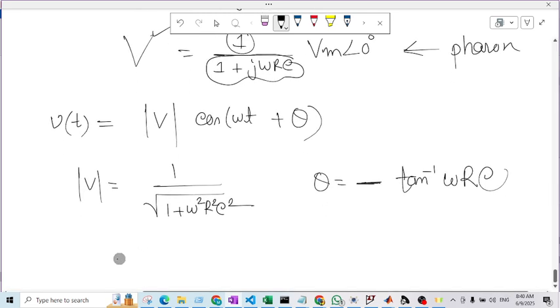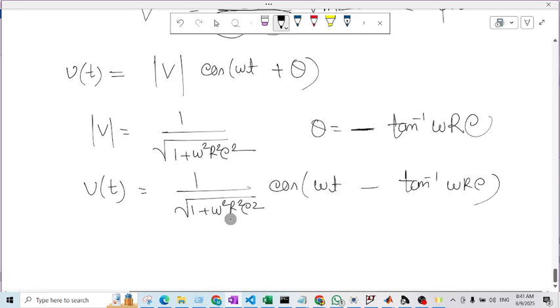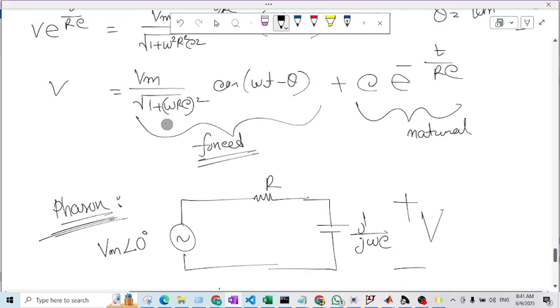So v is equal to 1 by omega square r square c square, then cos omega t minus tan inverse omega rc. Okay, so you can see that this is the forced response, and it becomes equal to this.